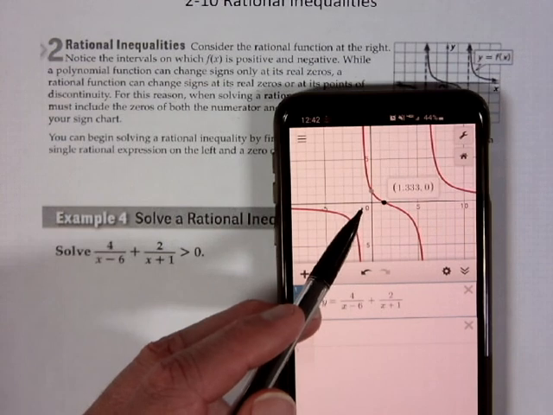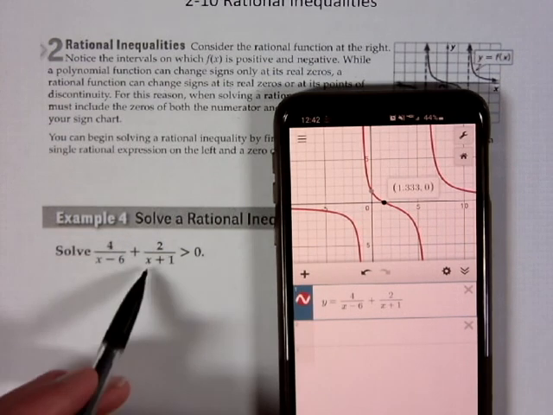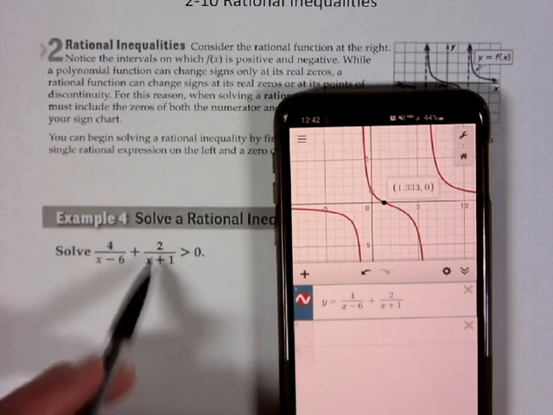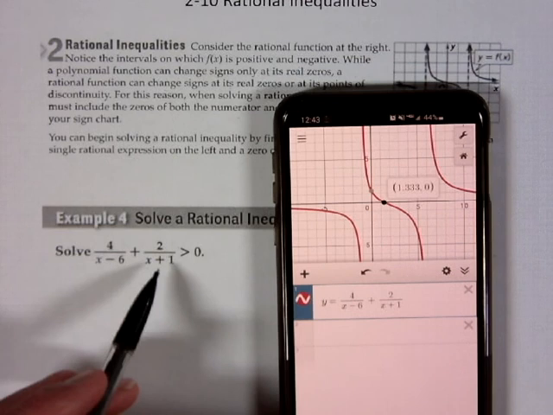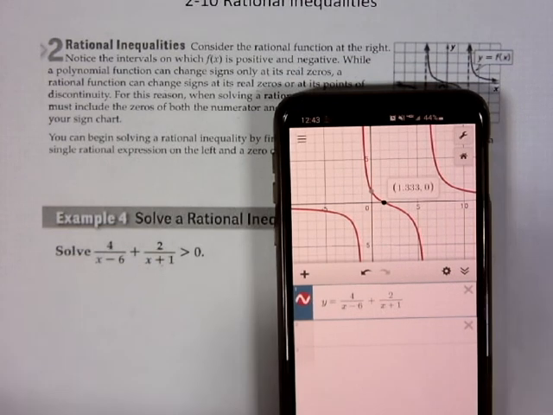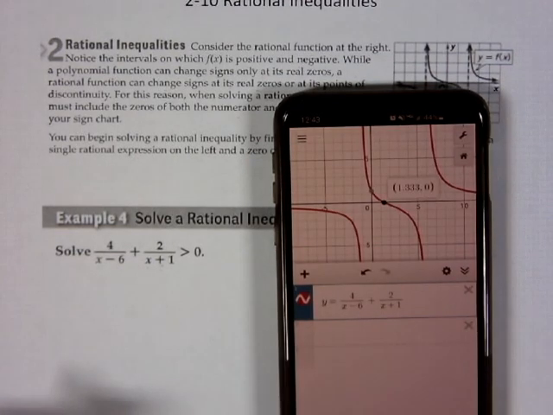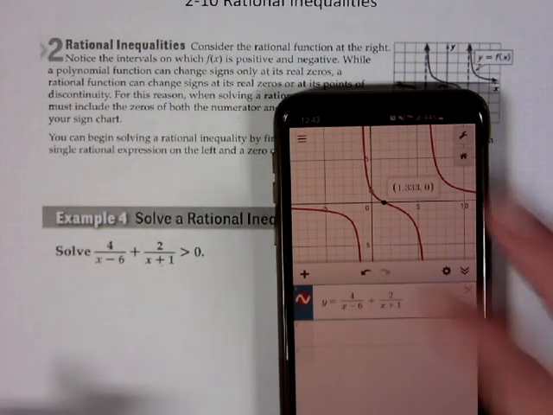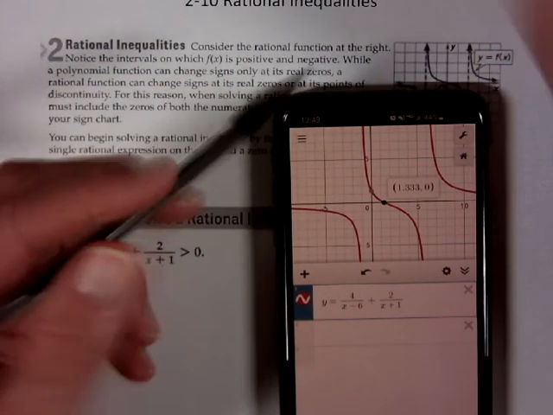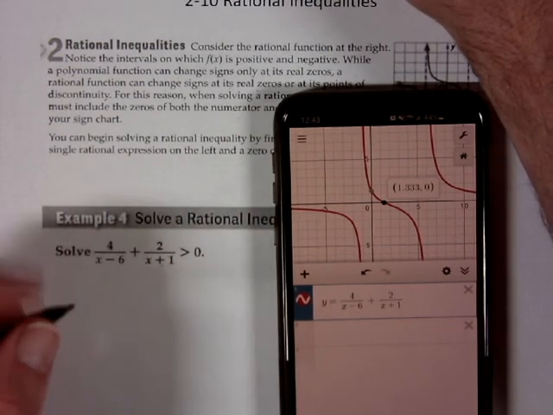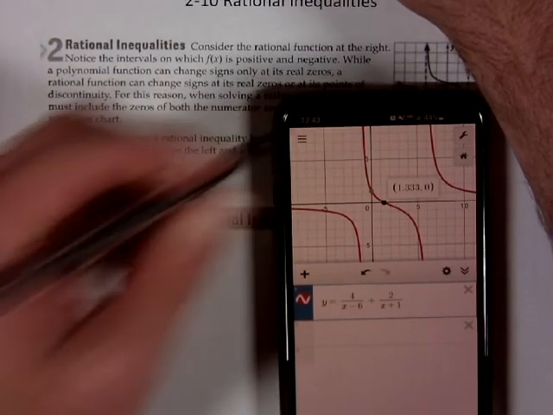It appears to be at -1, and we can confirm that it is at -1 because if I plug in -1, that gives me a 0 in the denominator, and that's where your vertical asymptote is going to appear. So we do know that the vertical asymptote is going to be at -1. In essence, that's where that interval is going to start.